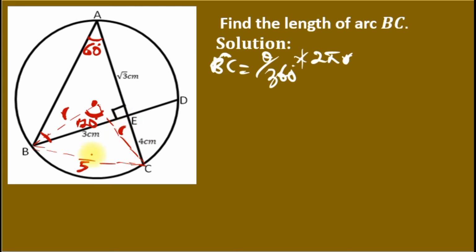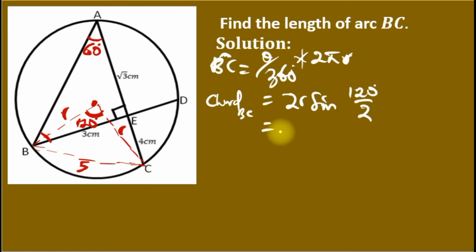So for us to get the radius, we use the length of chord. The length of chord BC is always 2 radius sine half theta. And our theta is 120, so half of the central angle is 60.